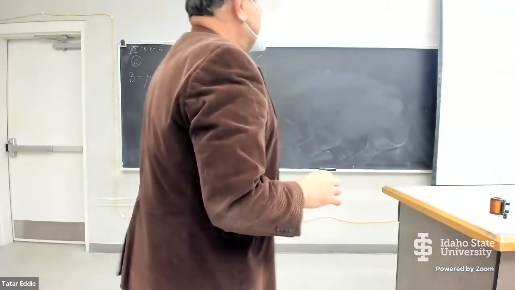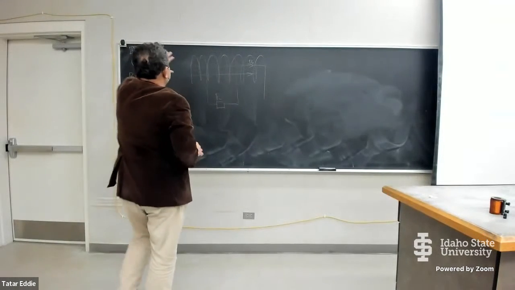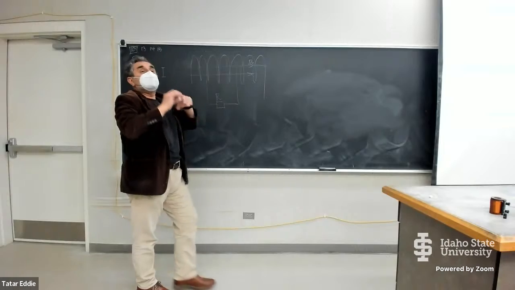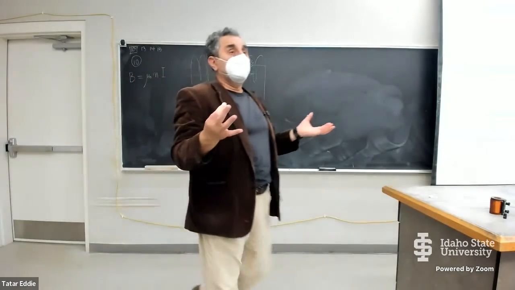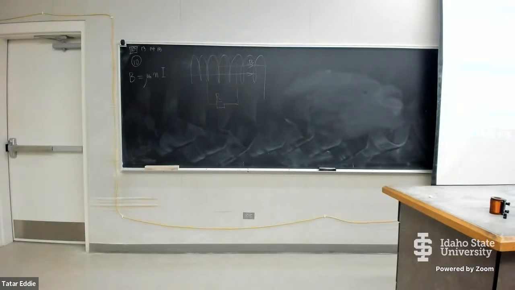So while the current is flowing in the large solenoid, you have this constant magnetic field. But once you turn off the current in the large solenoid, that magnetic field drops. Therefore, in the small solenoid, you're going to have magnetic flux that is changing in time.